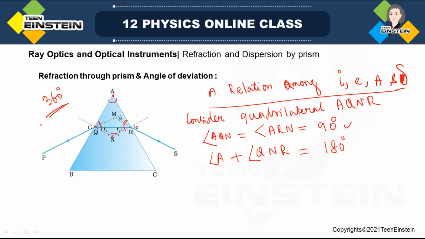In case of a triangle, the sum of all three angles has to be 180 degrees. Since we have these two angles as 90 degrees, the angle of prism and angle QNR must sum to 180 degrees. So from here, we can get some idea.